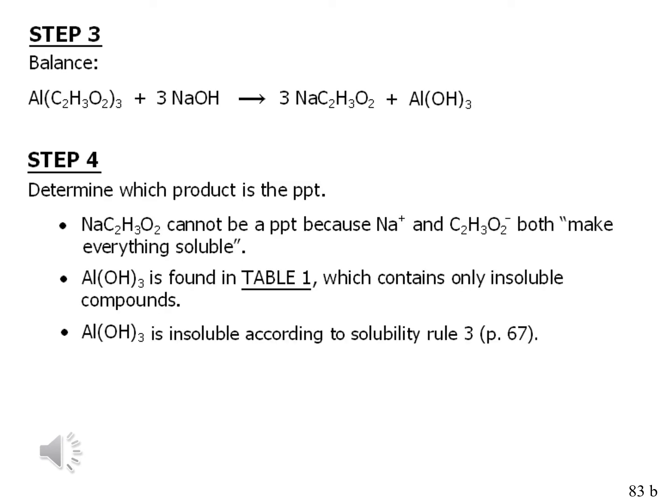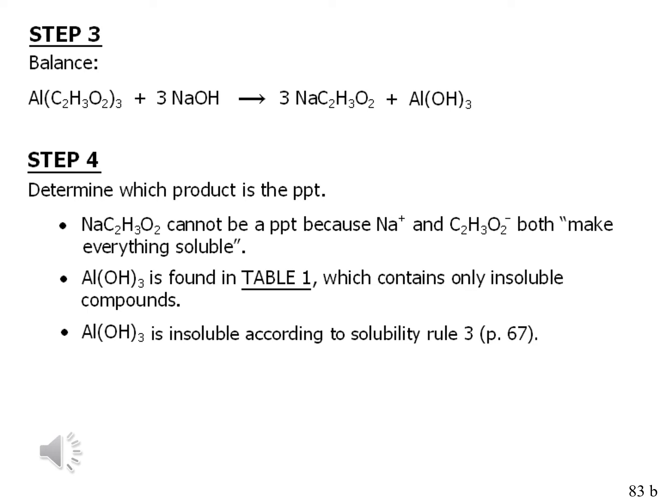If you did not know which of the two compounds that formed was the solid, you could do it actually 3 different ways this time. Sodium acetate cannot be insoluble. It can't make a precipitate because both of those are soluble ions. AlOH3 is in table 1, which means it's insoluble, but AlOH3 also has a solubility rule.